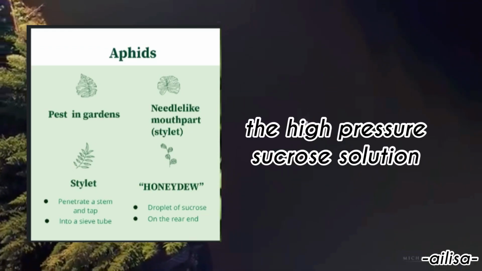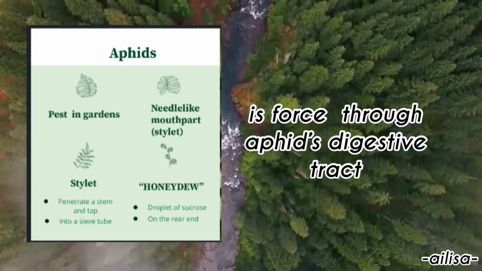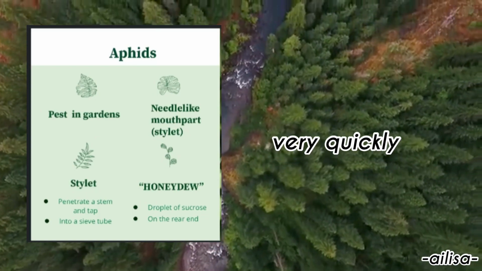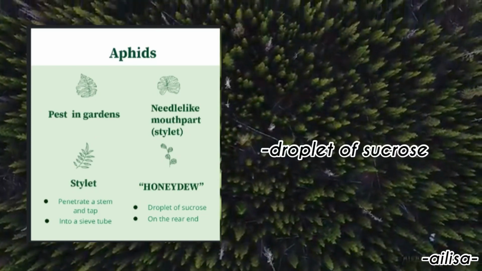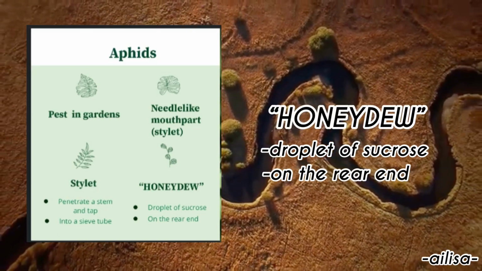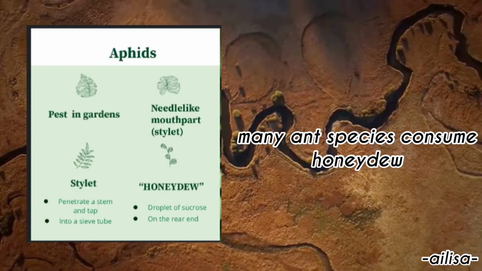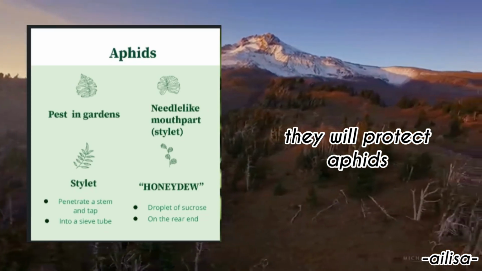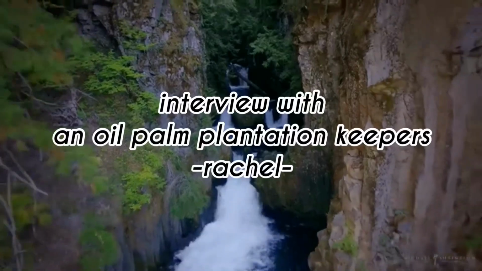The high-pressure sucrose solution is forced through an aphid's digestive tract very quickly, resulting in a droplet of sucrose on the rear end called honeydew. Many ant species consume this honeydew and in turn they will protect the aphids.